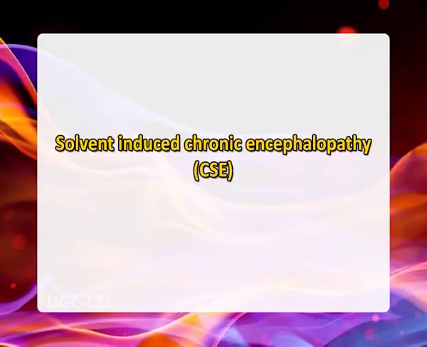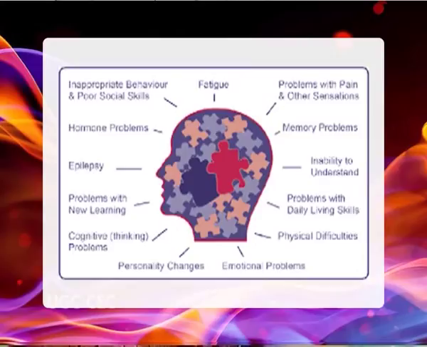Solvent-induced chronic encephalopathy. Chronic solvent-induced encephalopathy is a condition induced by long-term exposure to organic solvents, typically in the workplace, that leads to a wide variety of persisting sensorimotor polyneuropathies and neurobehavioral deficits even after solvent exposure has been removed.